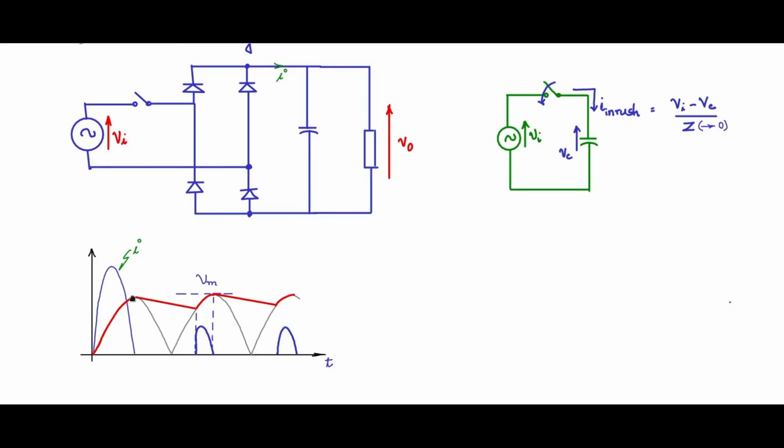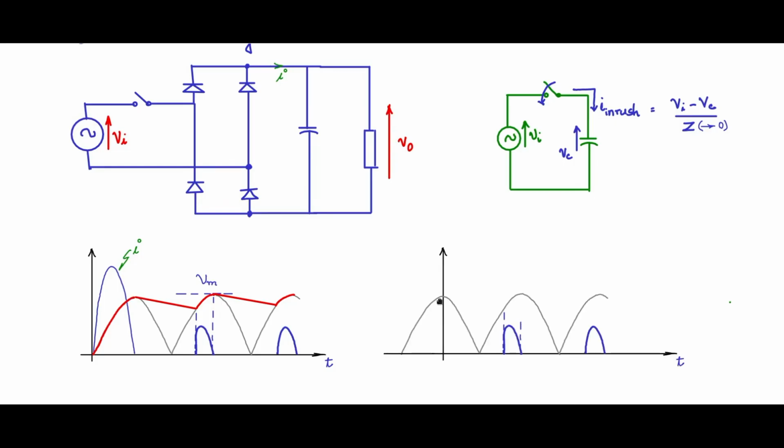Now consider the worst case condition where at the time of switch on, it so happens that the input voltage is at its peak value. Vm is at this point, suppose sine wave. This could happen. This is the worst case condition. If this happens, what will be the peak inrush current?